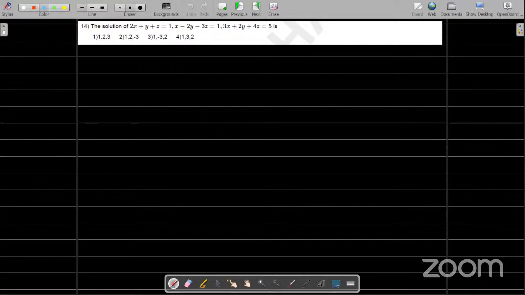So therefore 1 and 4 can be eliminated. It is between 2 and 3, and we eliminated 2 in the second equation. So therefore the third one seems to be agreeing again. So that's the only option left. So therefore option is 3.